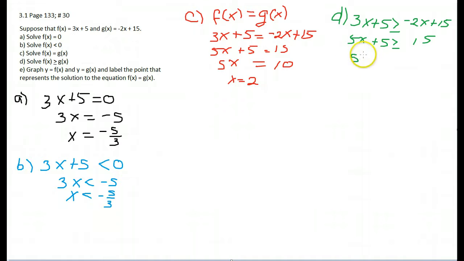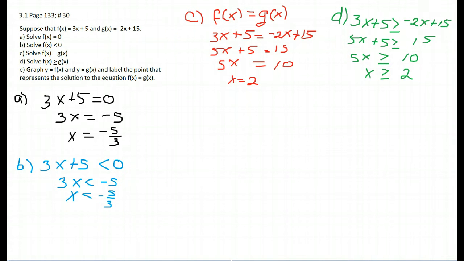So I bring down 5x, bring down my inequality symbol. 15 minus 5 is 10. Divide each side by 5. X is greater than or equal to 2. You notice once again we get the same digit for x. The only thing different is the inequality symbol replaces an equal sign.